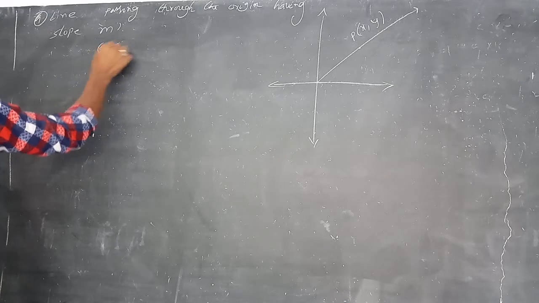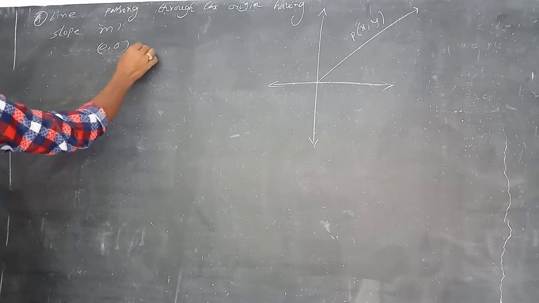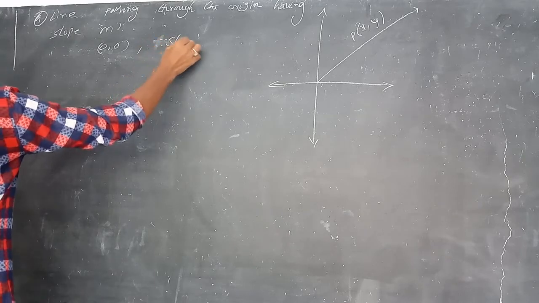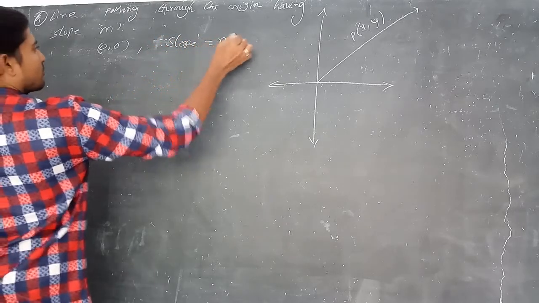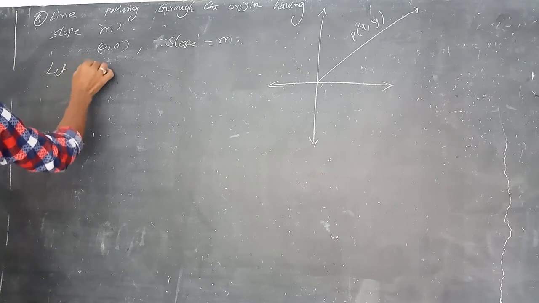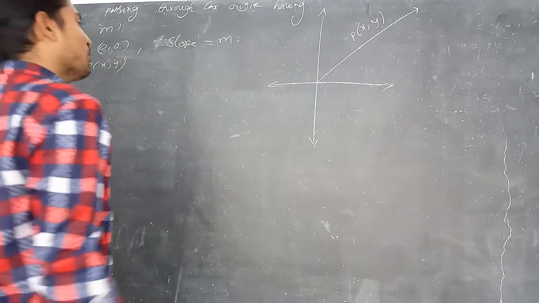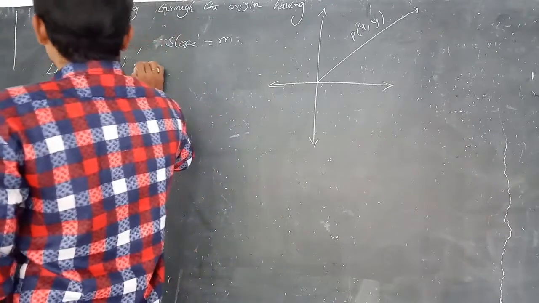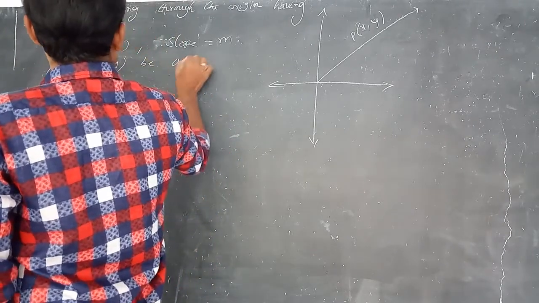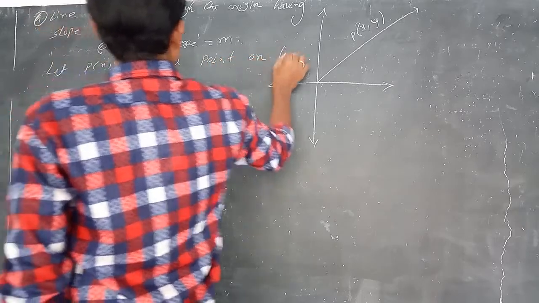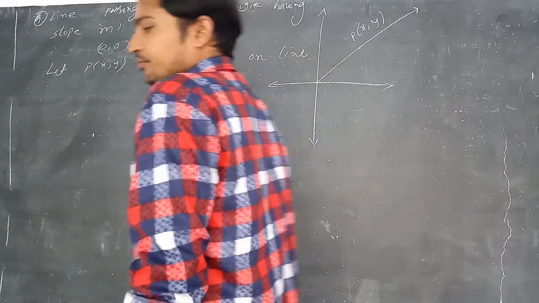The point (0, 0) and slope m. Let P (x, y) be any point on the line.